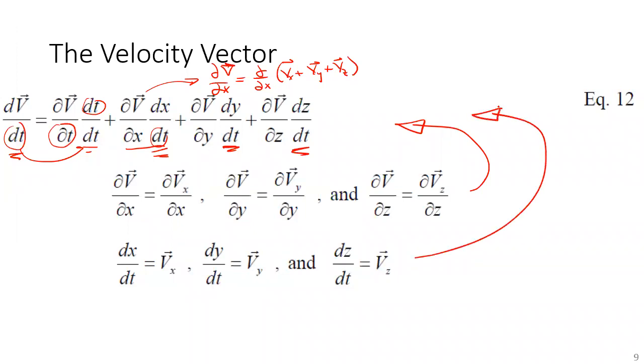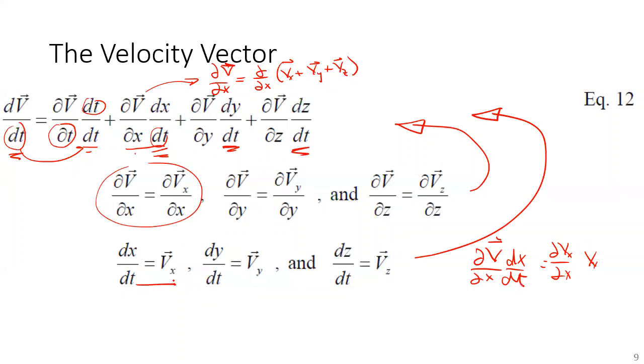So for example, this first term, ∂V/∂x dx/dt, when we make these two substitutions, is going to be ∂vx/∂x, that's this substitution, times vx.